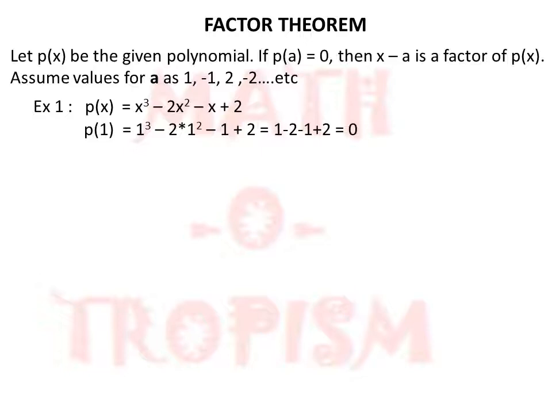So our condition is satisfied that p of a, that is p of 1, is 0. So it means x minus 1 will be a factor of the given polynomial.